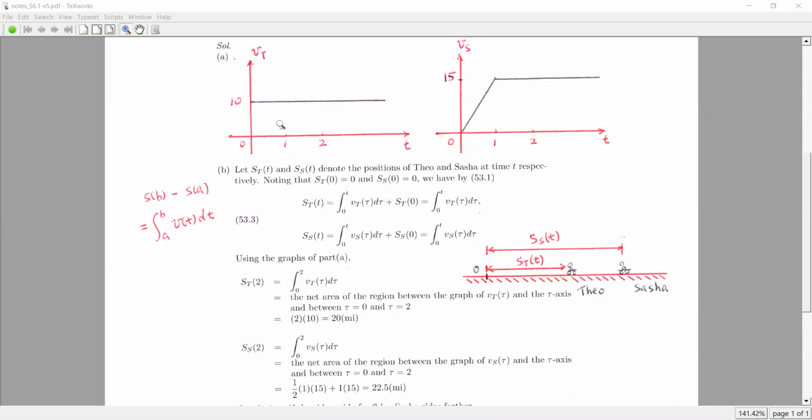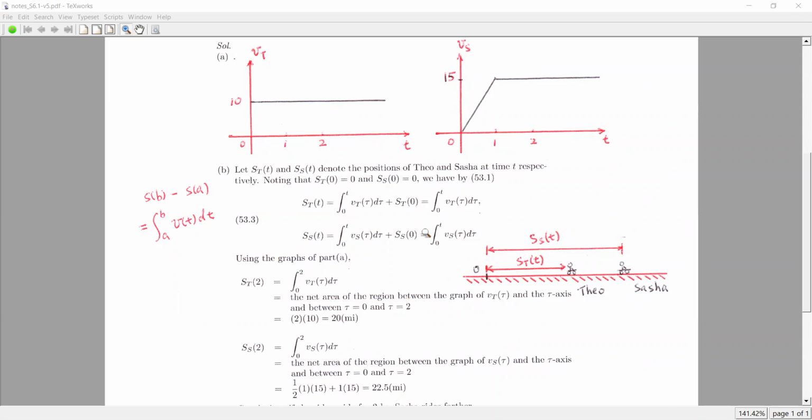The region is a rectangle. The area of this rectangle is base, which is 2, times height. The height is 10. So after 2 hours, Phil's position is 20 miles from the origin.